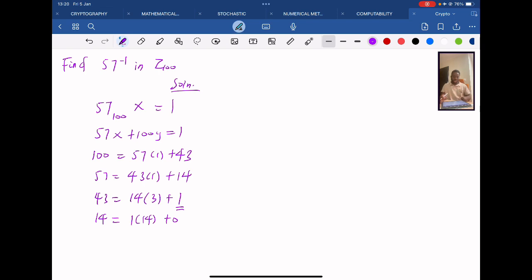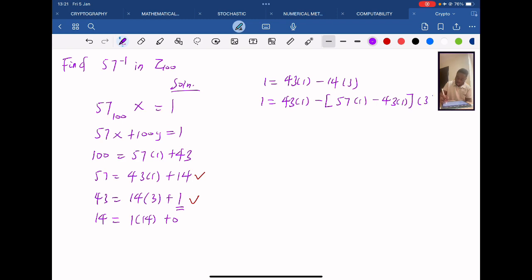Now, let's solve the equation backwards. So we are going to make 1 the subject, the remainder is the subject. So we are going to get 1 is equal to 43, which is multiplying 1 already, minus 14 times 3. Then we move on to the next equation, making 14 the subject. So 43 times 1, minus, in place of 14, we get 57 times 1 minus 43 times 1, and all multiplied by 3.